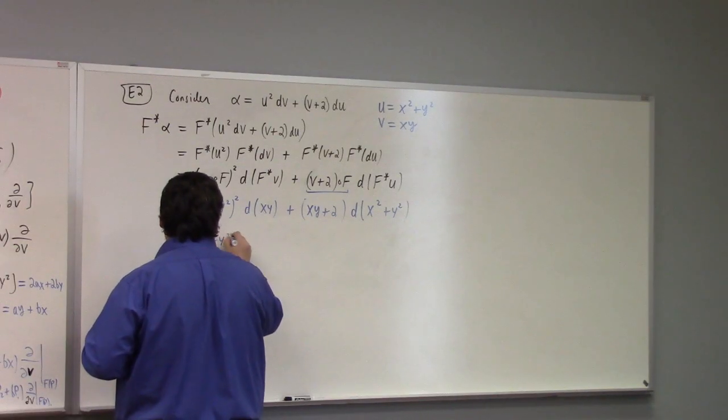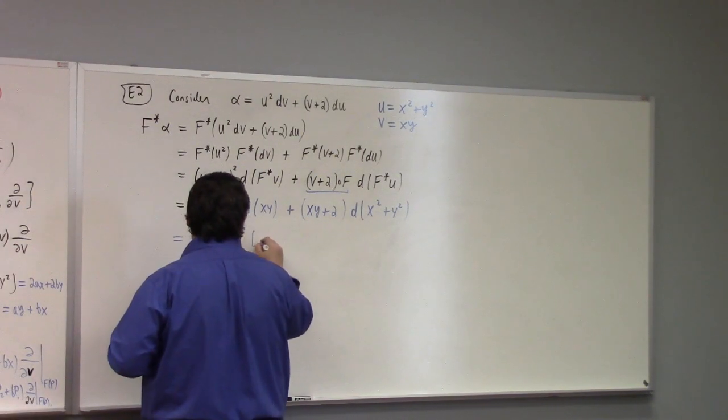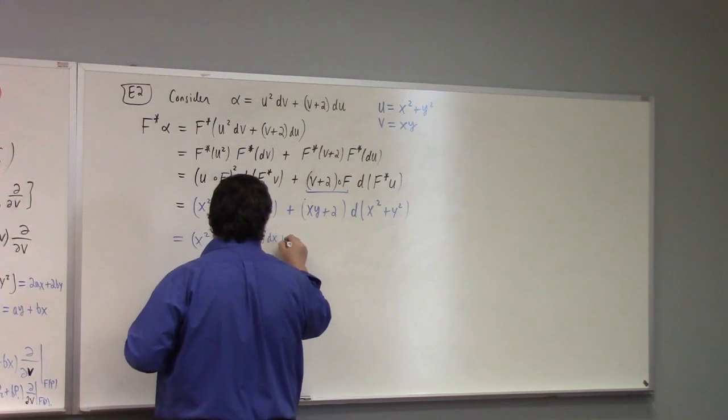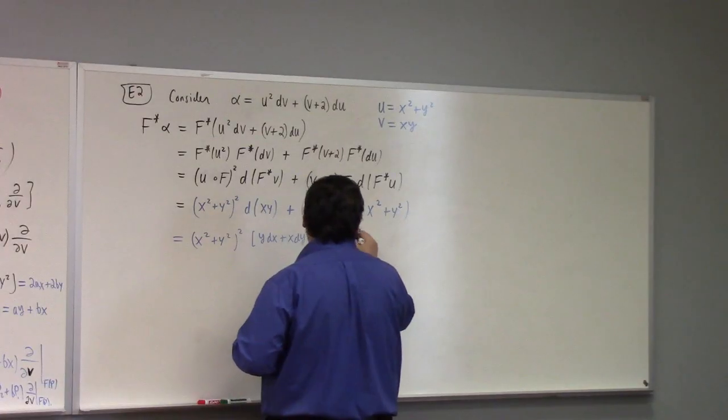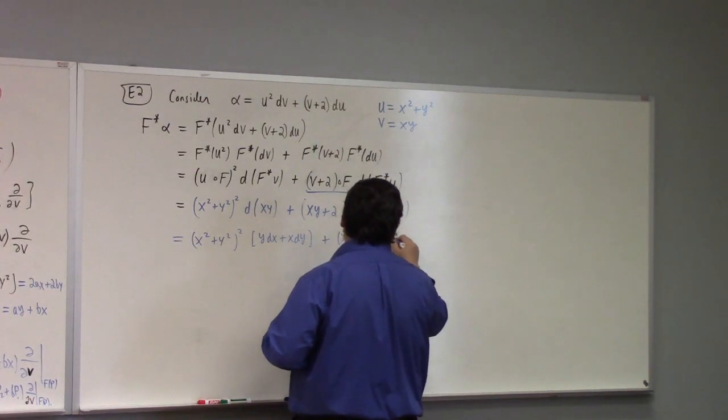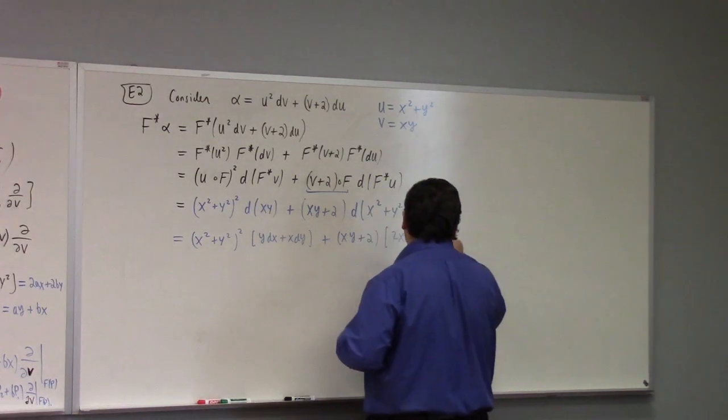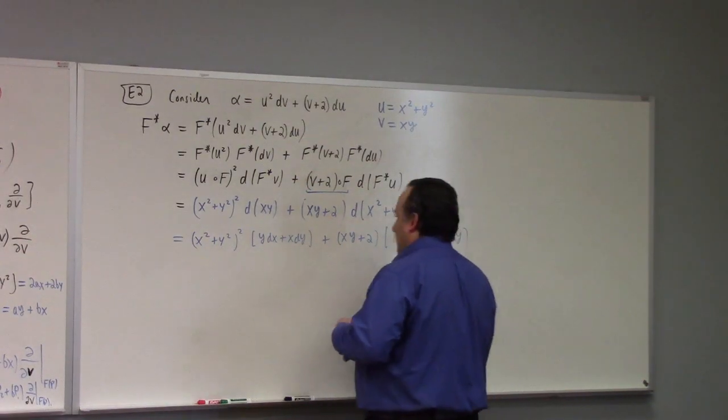x squared plus y squared, squared. And this is, of course, y dx plus x dy, plus xy plus 2, 2x dx plus 2y dy. And you can clean it up.